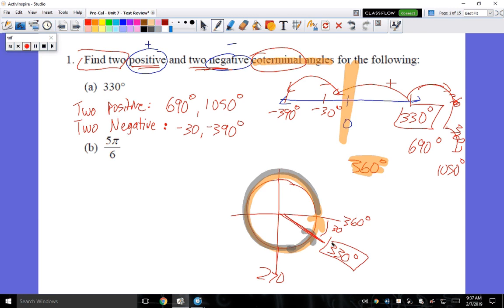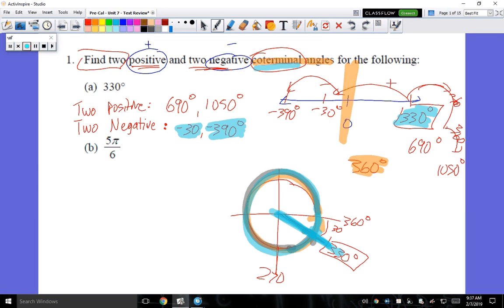So we are here. What we're saying with these positive and negative coterminals is if I were to travel a negative 30, I would end up at the same location as starting at 330 degrees. And if I were to travel this negative 360 plus a negative 30 to get a negative 390, I would coterminate at the same spot.